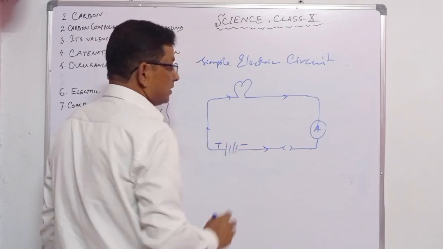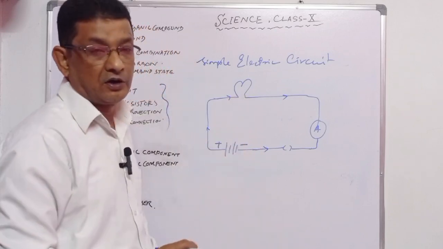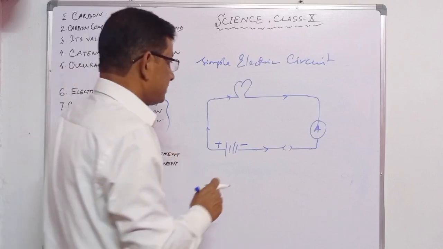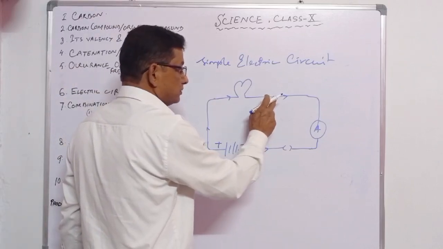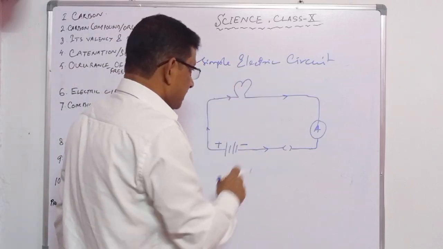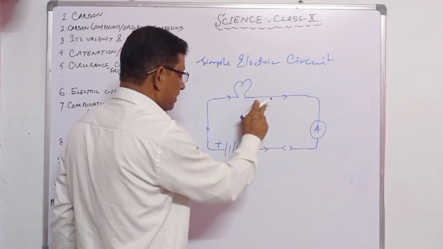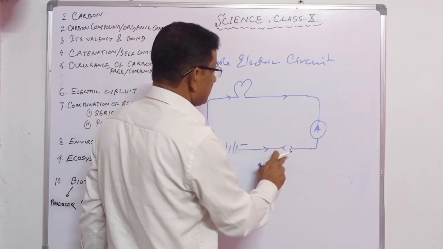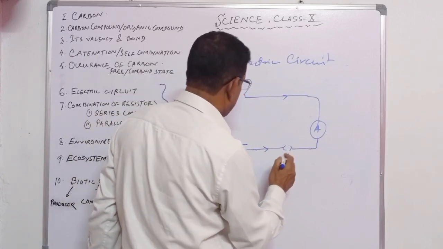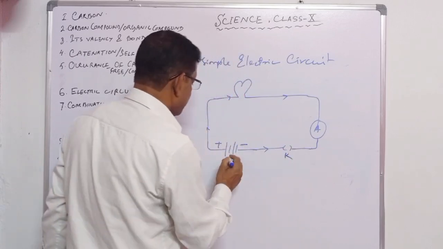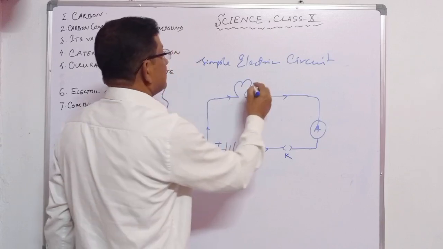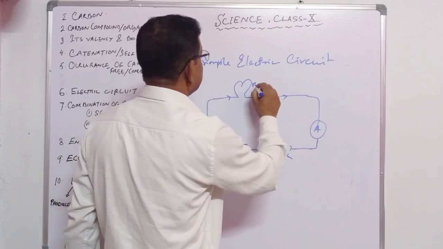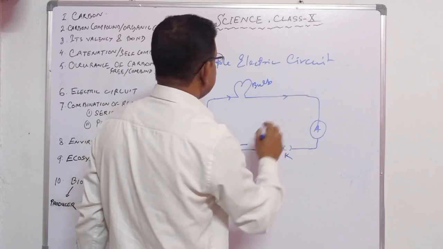Here we get a continuous path of current supply through this wire, and this power is supplied by a battery, and the on and off is carried out by a switch, and this is a cell, this is a resistance, it may be a bulb.